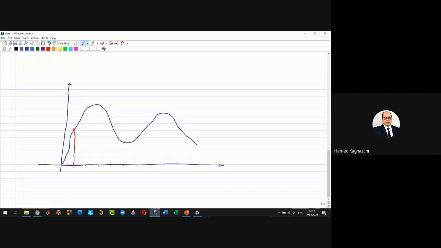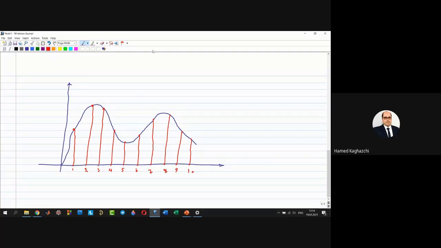The first sample, the second sample, the third sample, fourth sample, this one, this one, this one, this one, and this one. 1, 2, 3, 4, 5, 6, 7, 8, 9, 10.